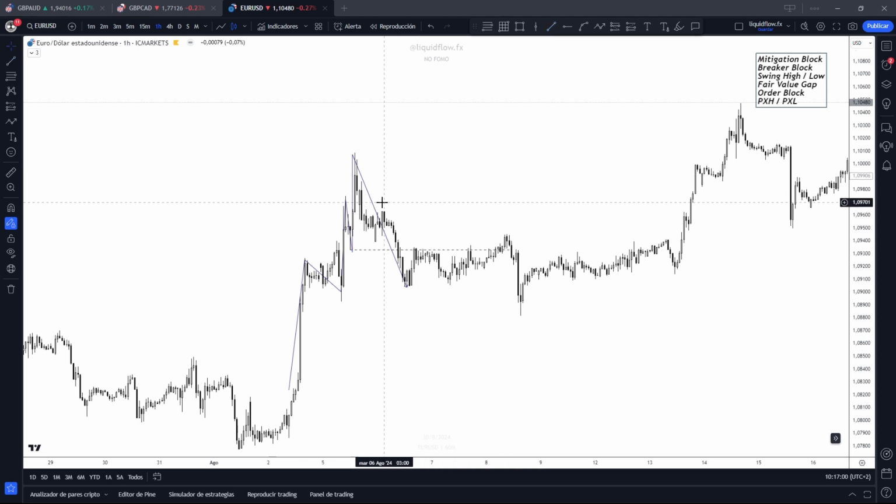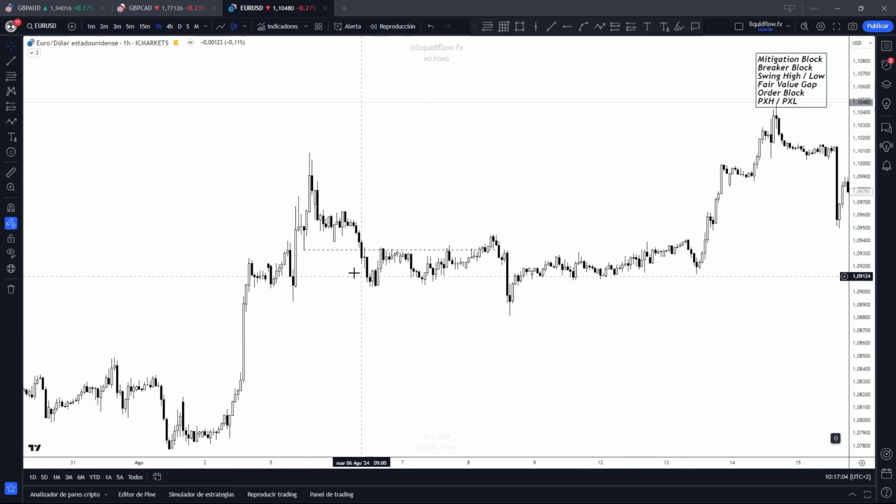This is our breaker block area. Or also you can use this candle. This is actually our breaker block, all this area. And then what we expect is the market reacting back and then continuing lower.